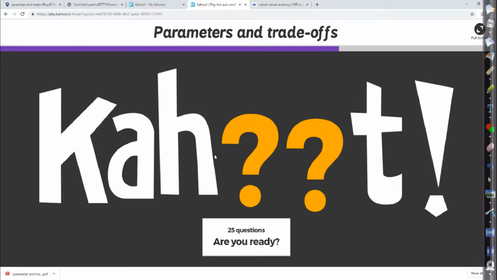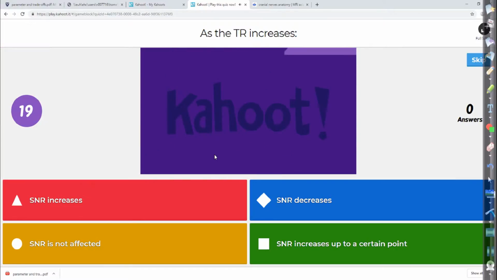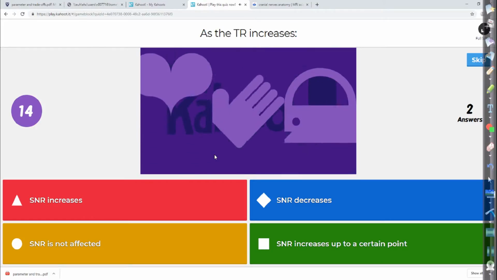All right, parameters and trade-offs. So this one's dealing with SNR. So as TR increases, all these questions will be about SNR.